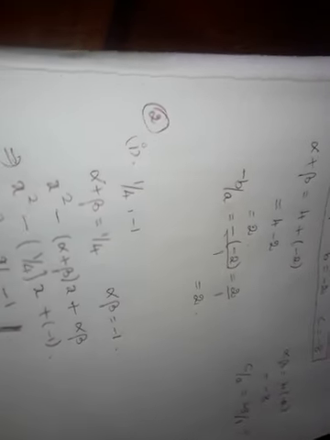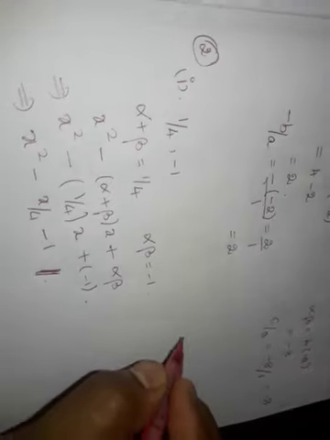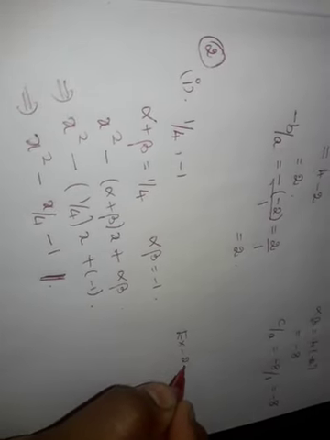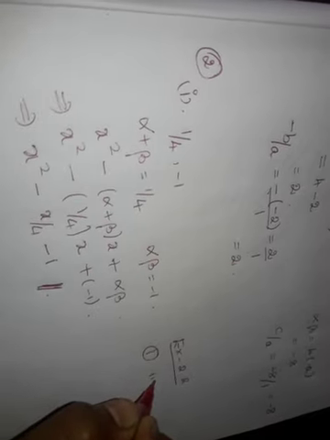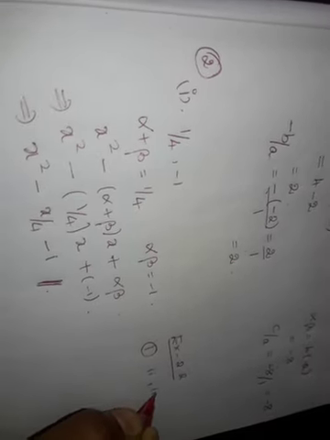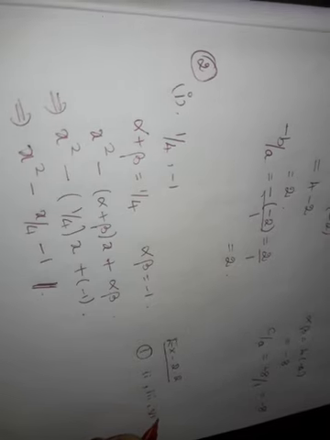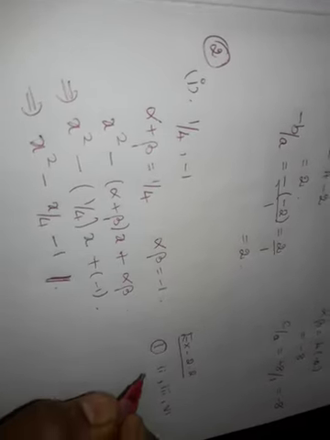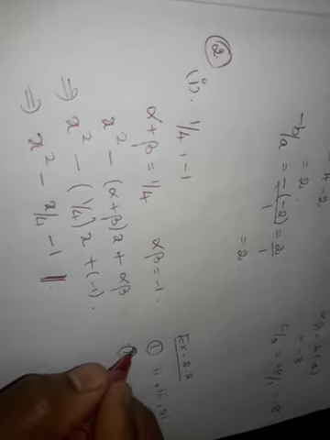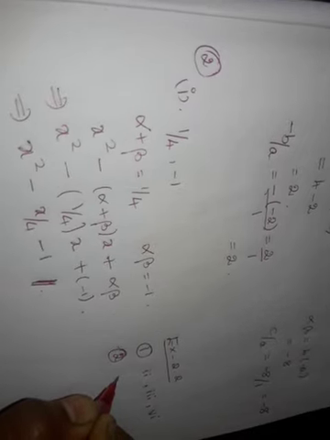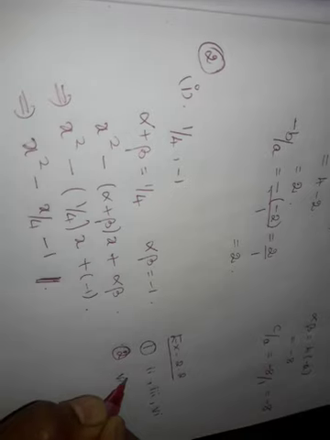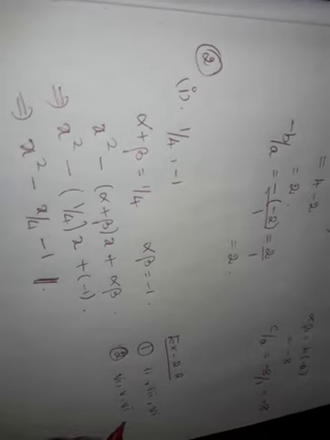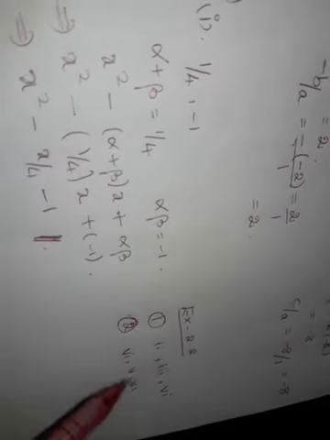Hope you understood. So based on these two methods, try solving exercise 2.2, question number 1, subdivisions 2, 3 and 6 as homework, and second question subdivisions 4, 5, 6 as homework.